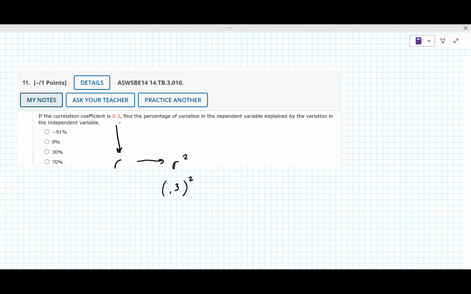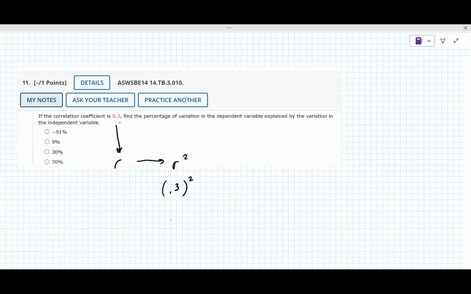And please use a calculator. It's easy to make a mistake here. There's no reason to. Oh, did it wrong. 0.09.